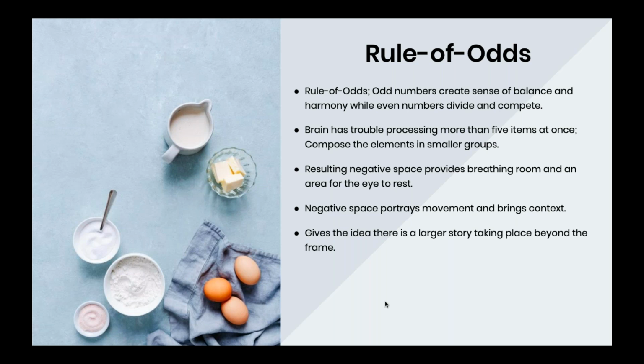And it helps portray movement and bring context to an image. And also what negative space tends to do is give you the idea that there's a larger story taking place beyond the frame. So even in a simple composition, what you're trying to do is create some kind of visual story to really invite the person in.